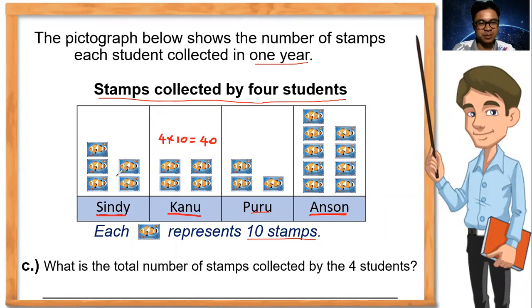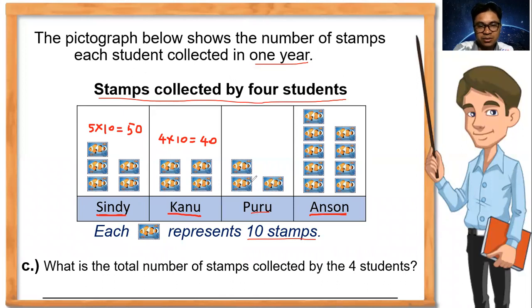How many stamps? 1, 2, 3, 4, 5. 5 times 10 equals 50 stamps. Let's go to Kano; we finished already, 40.